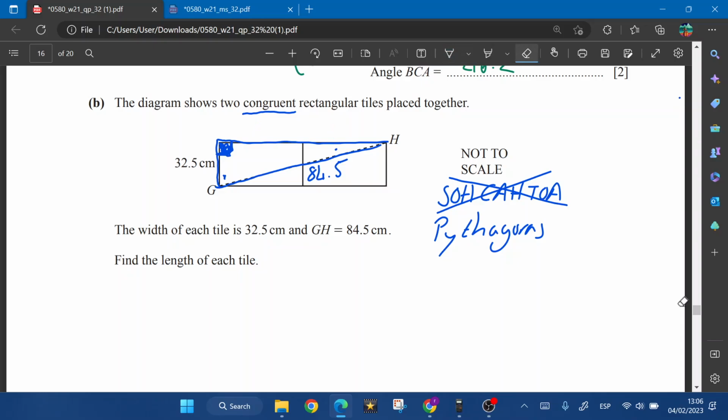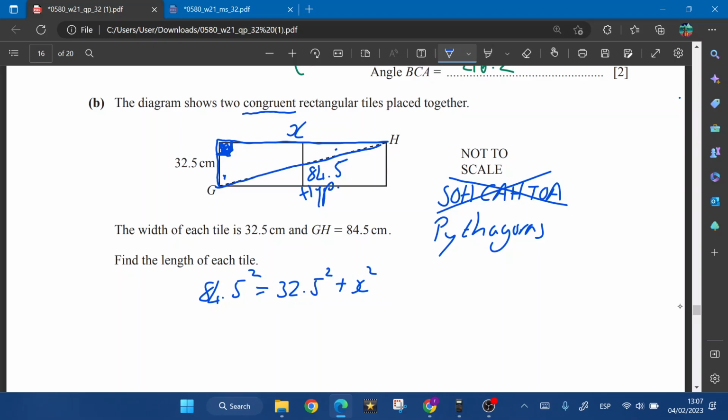So first thing we're going to do is work out this side here. Let's call it X. Next thing we need to do is recognize the hypotenuse, the longest side, which is this one, of course, the side opposite the right angle. That means if we're going to write down Pythagoras, the hypotenuse 84.5 squared equals 32.5 squared plus this side we want, x squared. We can rearrange that.